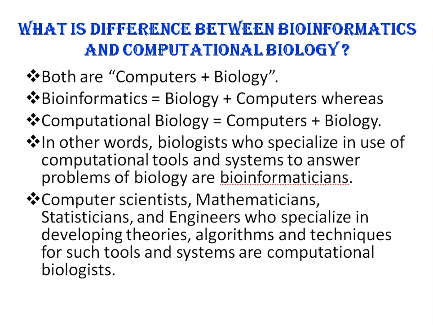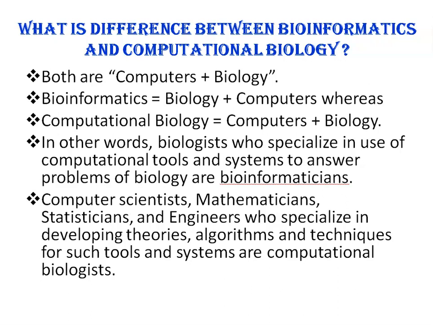Before starting with the details of bioinformatics, it is very essential to understand the difference between bioinformatics and computational biology. Bioinformatics and computational biology both are computers plus biology. Bioinformatics: biology plus computers, whereas computational biology: computers plus biology.